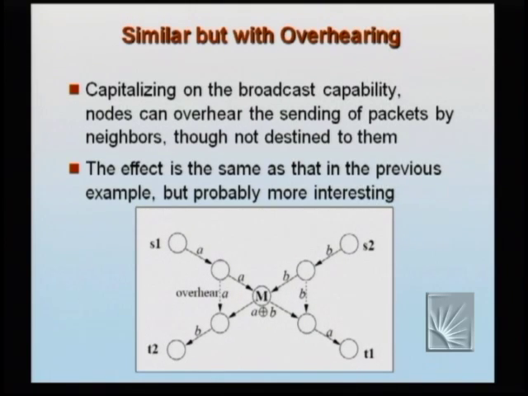In the middle of this network, we have this mixer. An intermediate node here who wants to receive B can overhear a broadcast of packet A by this node, so it can get a copy of this A in its buffer and keep it. And this node can also overhear the transmission of packet B and keep a copy of this B in its buffer.